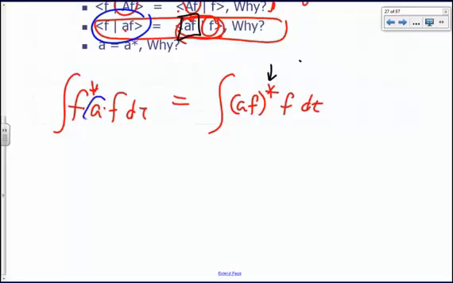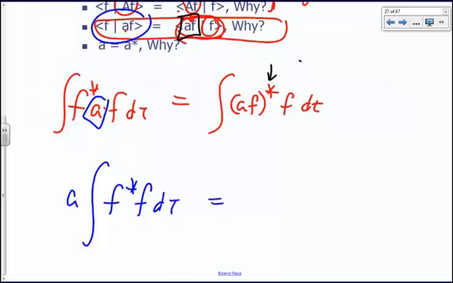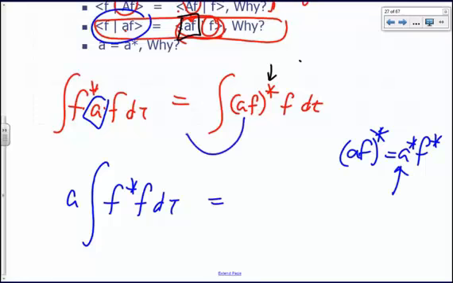What can you do to a constant in an integral? You can pull it out of the integral. So a times the integral of f star f d tau must be equal to, what is af star? That's just a star f star. But a star is also just another constant, so I can also pull that out of the integral. So I can say a star times the integral of f star f d tau.